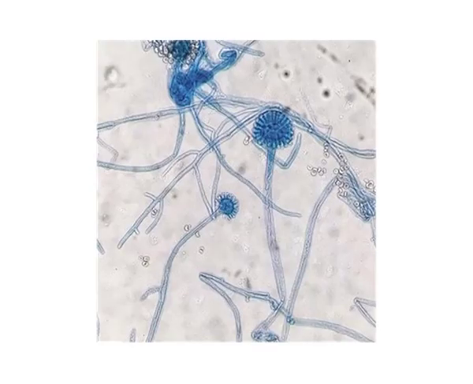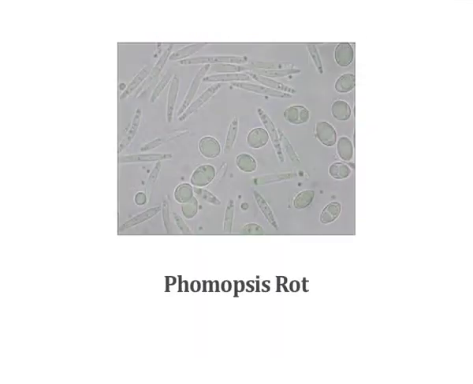At maturity, merosporangia are thin-walled, evanescent and contain 5 to 10 globose to ovoid, smooth-walled sporangiospores.